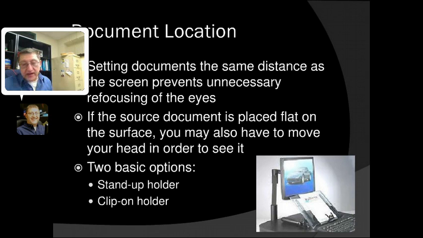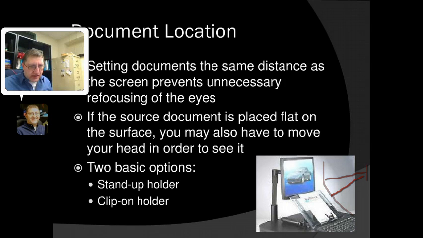Now, the counter to that is if you never change your eye focus, it also causes fatigue. So pretty much just like any other ergonomics things, you don't want to do things too frequently, and you don't want to do things for too long. And so we kind of have a balance here. But generally, notice in this picture, the documents are at kind of an angle, right? And your eyesight is here, right? You can see that depending on where you're looking, you're kind of at the same distance from your eye, at least a little. It's in the ballpark.